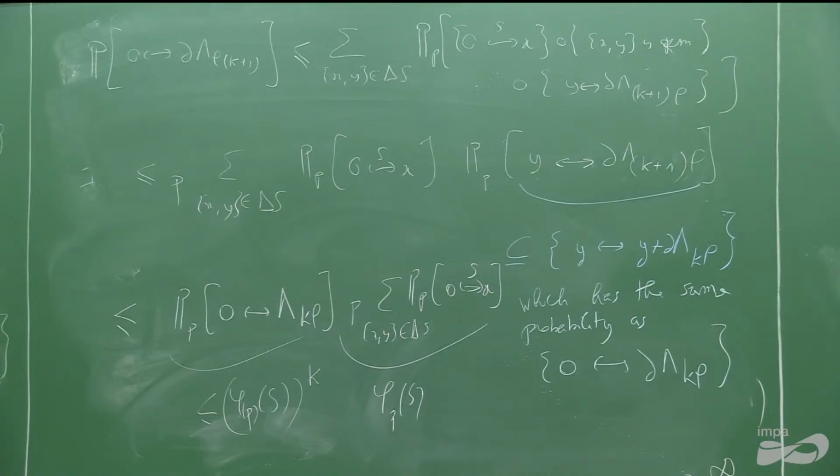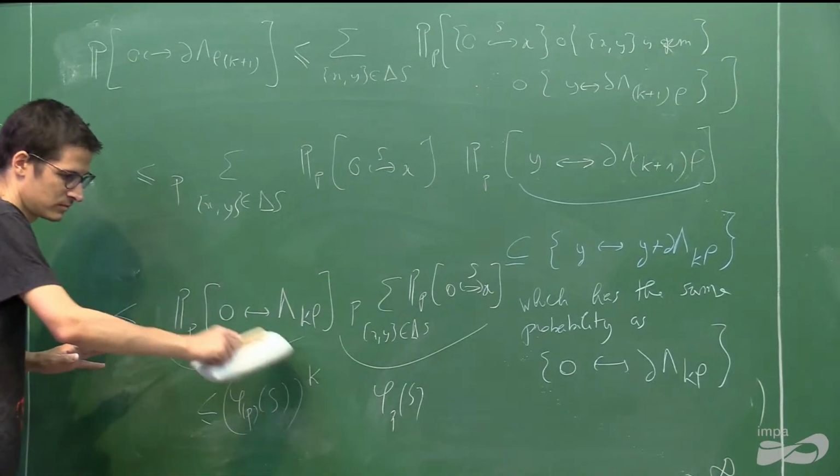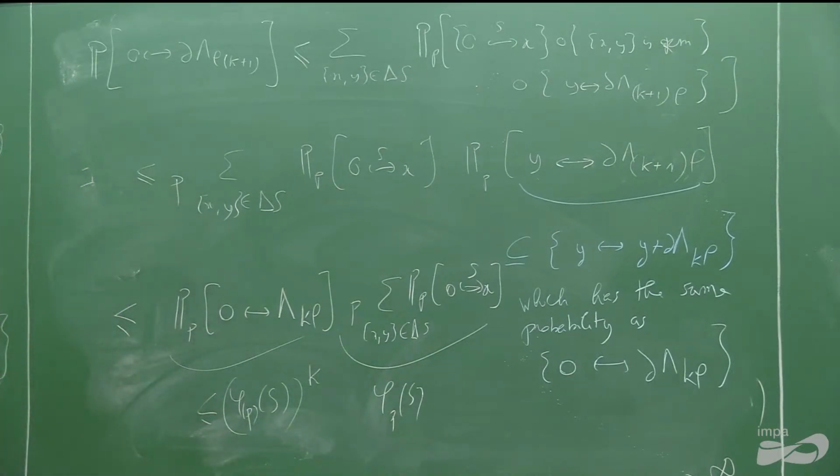Okay, the idea is that if phi p of S is not small, even for large boxes, basically this gives you a lower bound on the expected number of pivotal edges for the connection events.